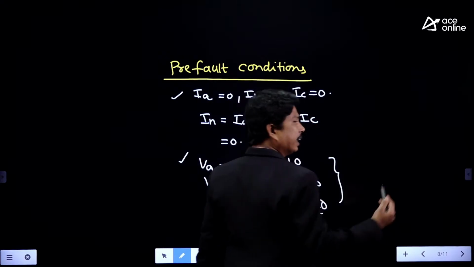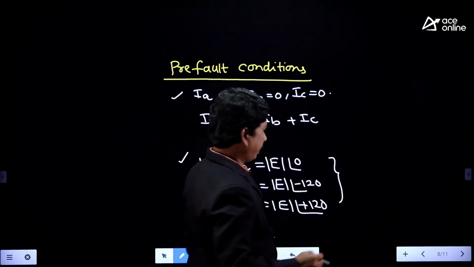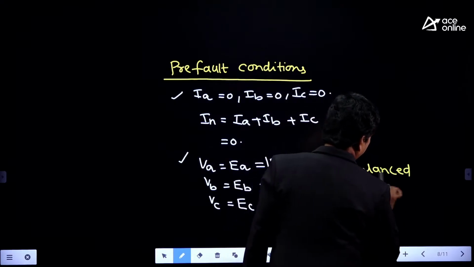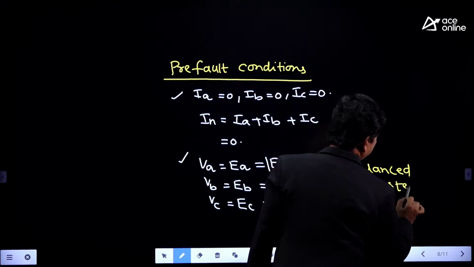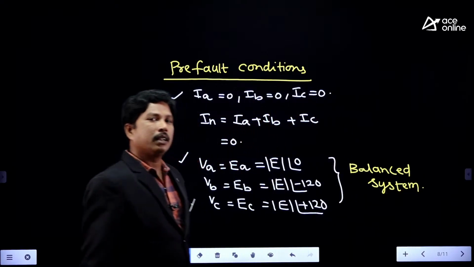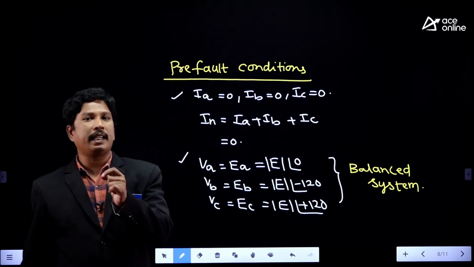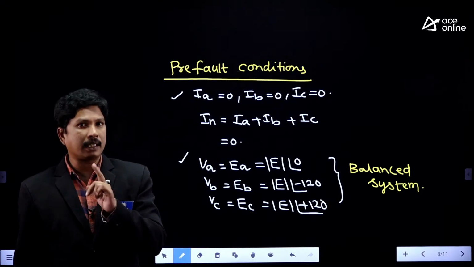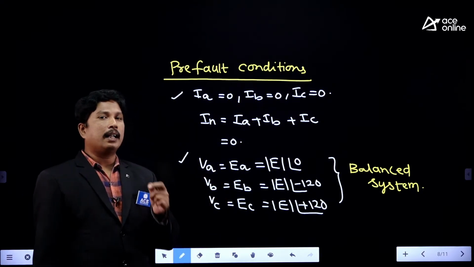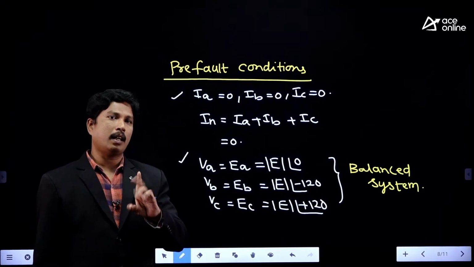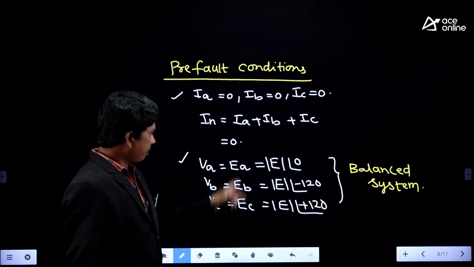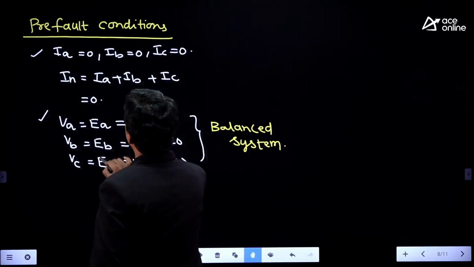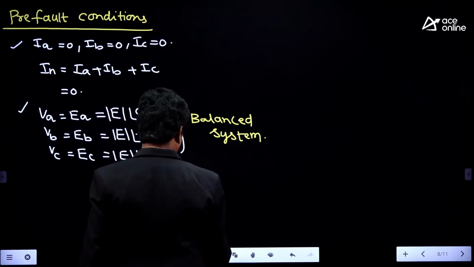Initially the system is operating under balanced condition, because of the no load condition. This is the pre-fault condition. And now let us see the post-fault conditions of the system.